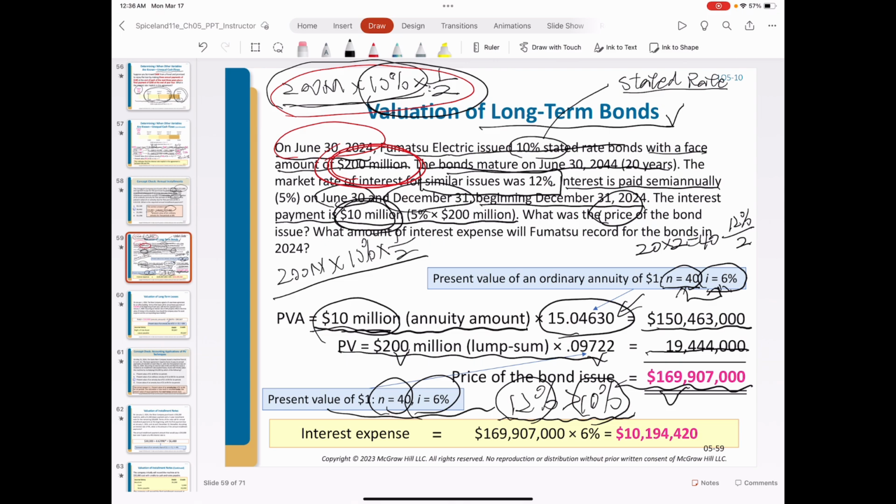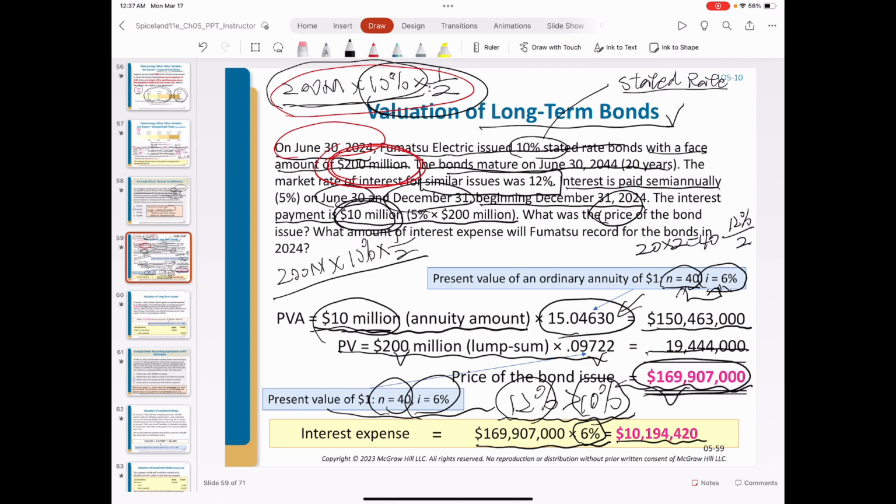The interest expense is calculated using the net book value of the bond multiplied by the market rate. So the company will recognize interest expense twice a year because it pays twice a year, but this amount is different from the cash payments.